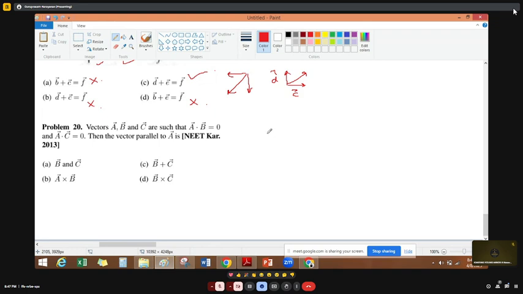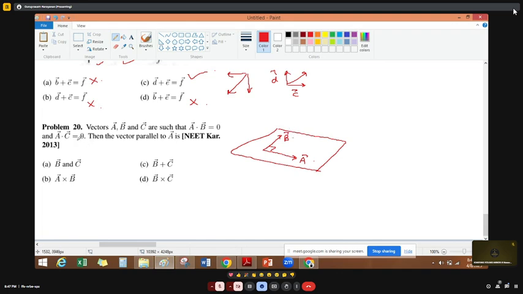Let us think about some situations. Whenever you are talking about 3 dimension, you have to draw a plane sheet like this. And then I can draw A vector like this. And then A dot B is 0, so that means B vector is at 90 degrees like this, right? Because the dot product is 0.